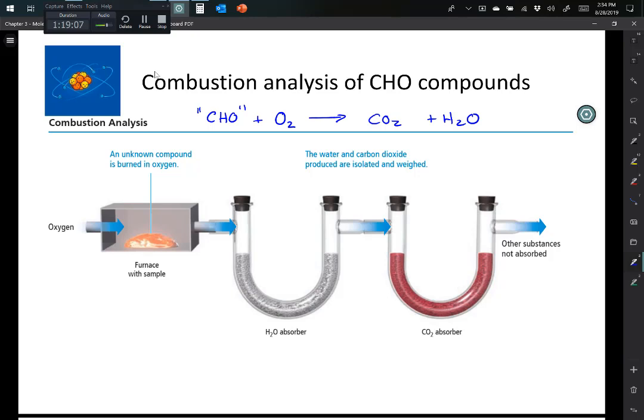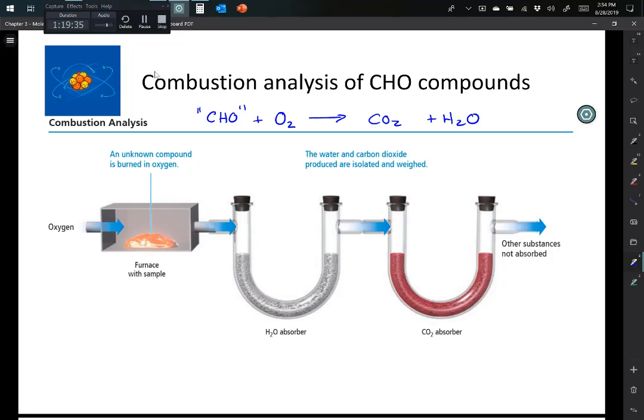And this is what we do. We have an absorber, a desiccant really, for the water vapor. So you burn it, the water vapor gets trapped in here. And then the CO2, we have a carbon dioxide absorber as well, and it gets trapped in here. Same thing like in the space shuttle, they used to remove the CO2 from the atmosphere. It's the same kind of chemistry.